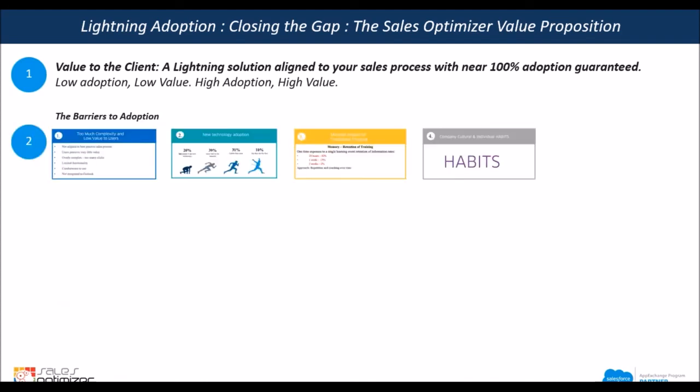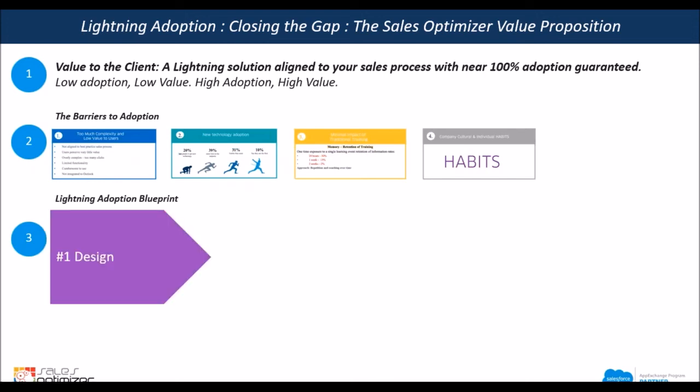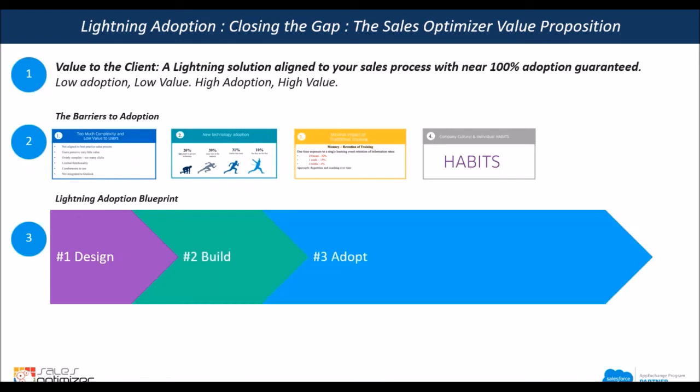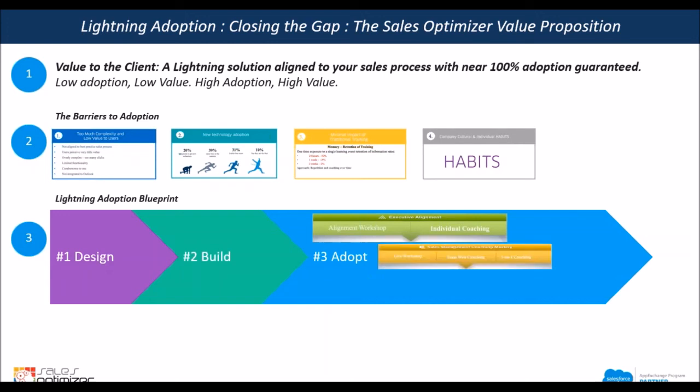Number two, the solution focuses on the key barriers to adoption that we just covered. Number three, the Lightning Adoption Blueprint, which focuses on designing in adoption, building in adoption, ensuring a great adoption process is followed with training and coaching programs focused on executives, on managers, and on end users.